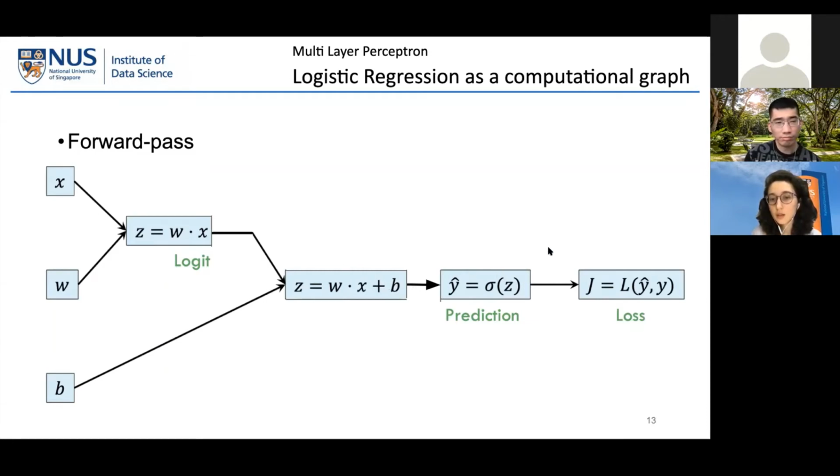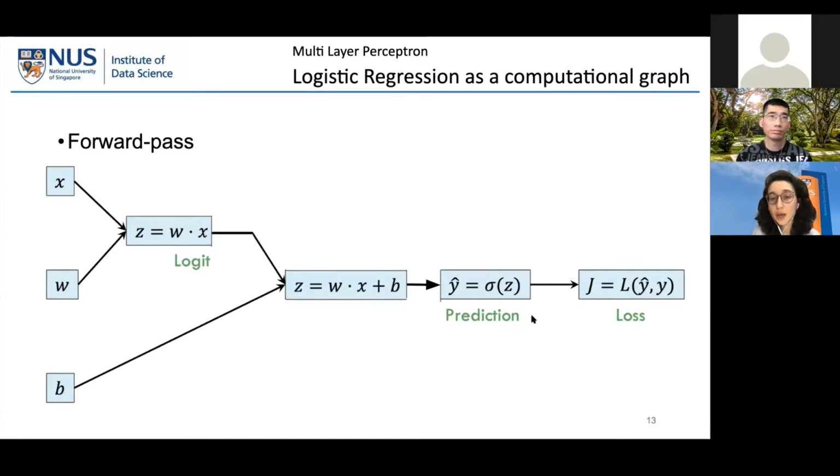Then here you apply the sigmoid function. Remember the sigmoid function that squashes our real number, that turns the real number z into a probability. Okay, so you have this probability y hat.